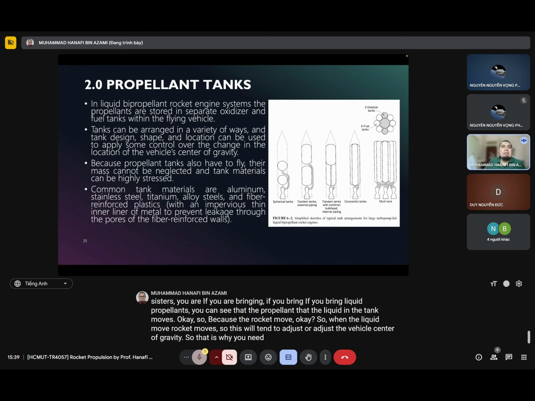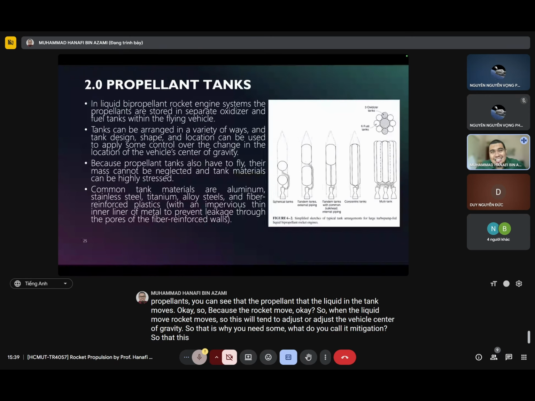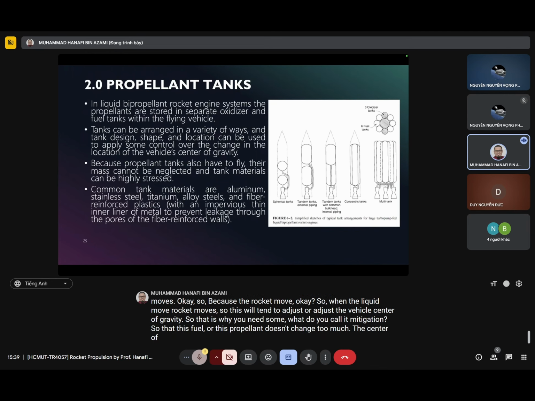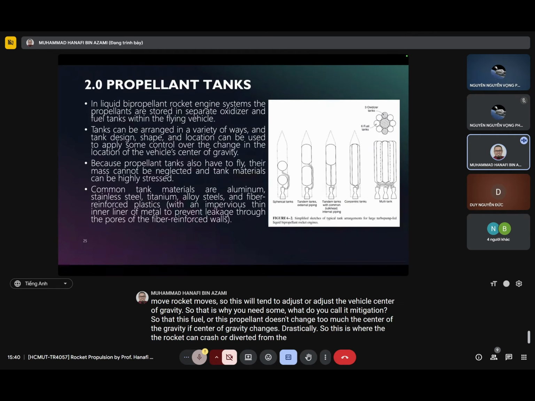That is why you need some mitigation, so that the propellant doesn't change the center of gravity too much. If the center of gravity changes drastically, the rocket can crash or be diverted from the desired trajectory.